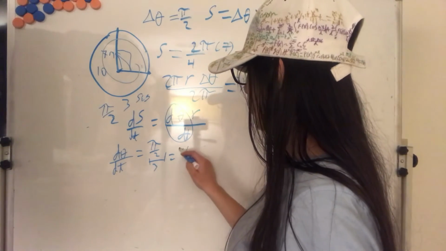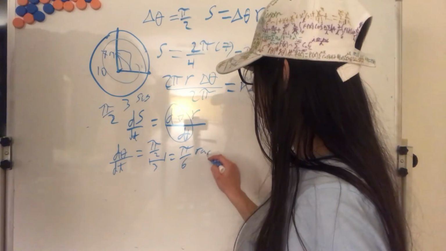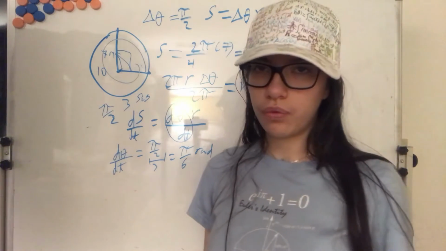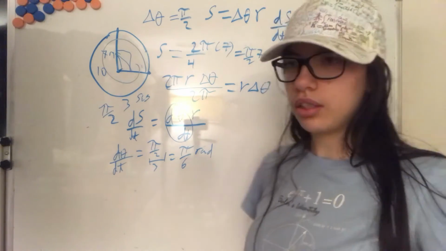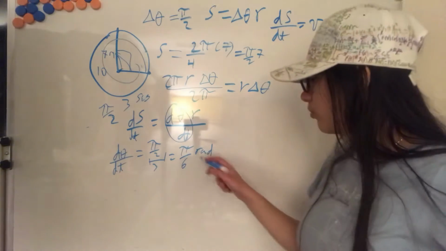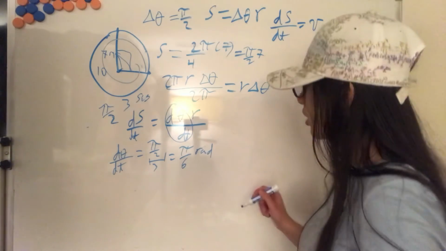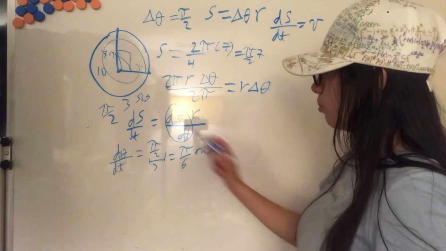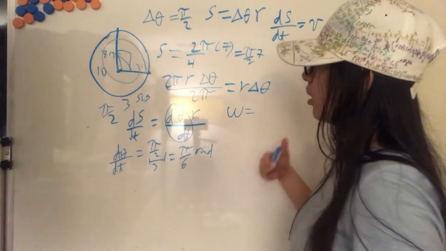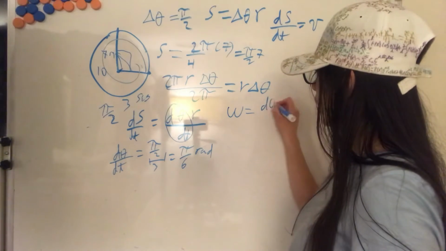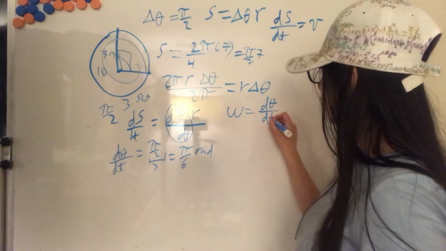So this is pi over 6 radians. If you're confused with radians, you can see our video on radians and the definition of that. So it is just pi over 6 radians. So omega is called the angular velocity, and it is just delta theta over dt.